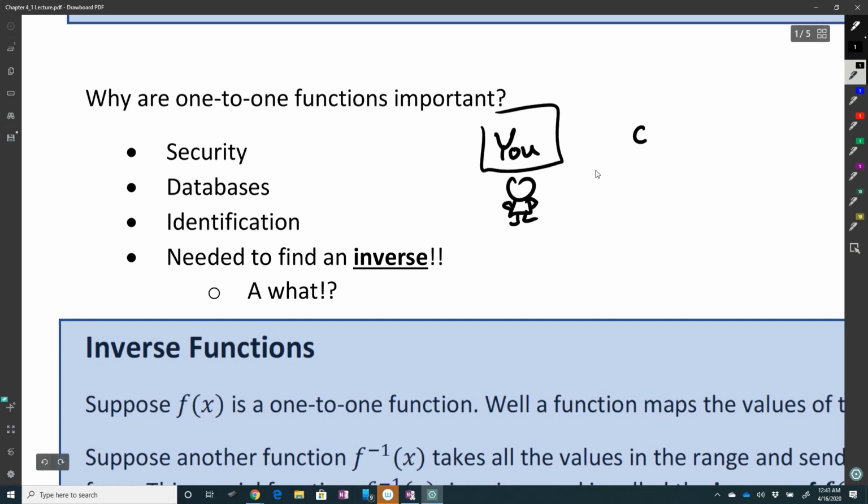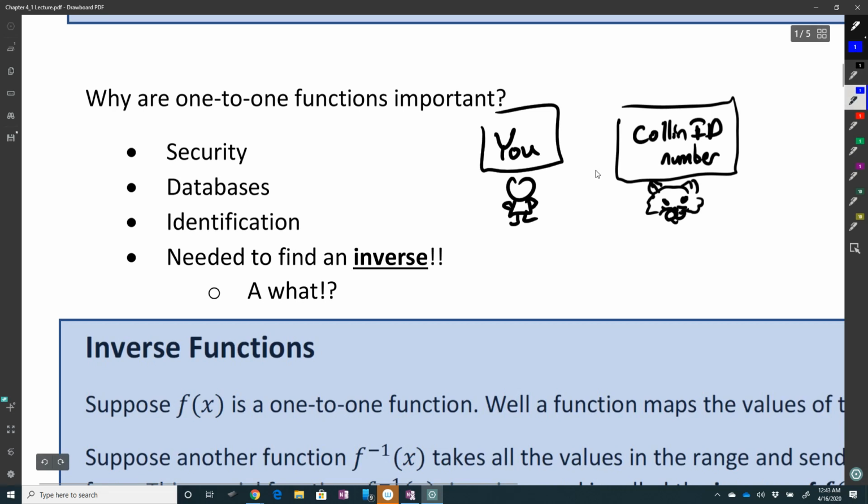So everyone here has their Collin ID. I'm going to draw a little cougar. It's not a cougar, it's a cat. But that's my attempt at a cougar. So everybody has their Collin ID number. You are connected to your Collin ID number and no one else has it.